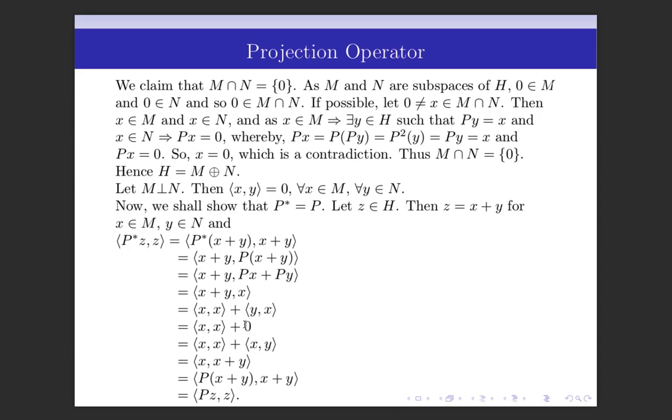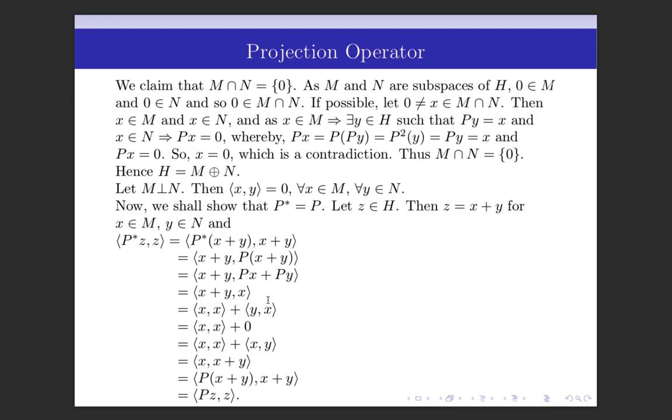And then here 0 can be replaced by the inner product of x and y, because this inner product is also 0. So we can write here the inner product of x, x plus the inner product of x, y. And by the definition of inner product, we can write here the inner product of x, x plus y.